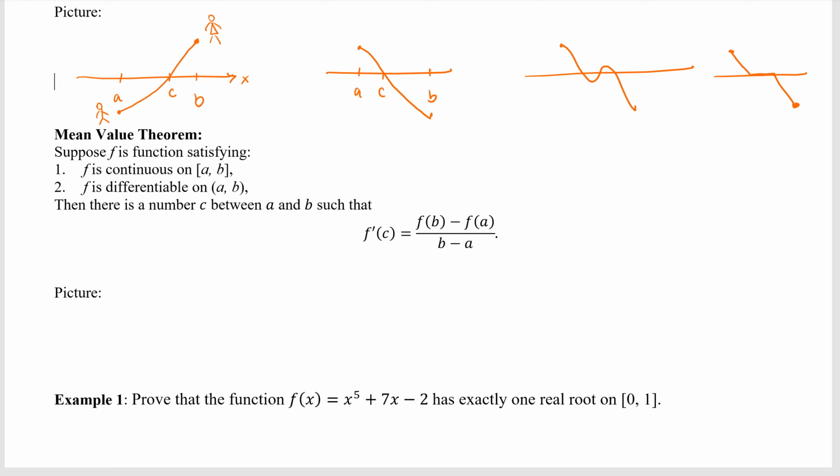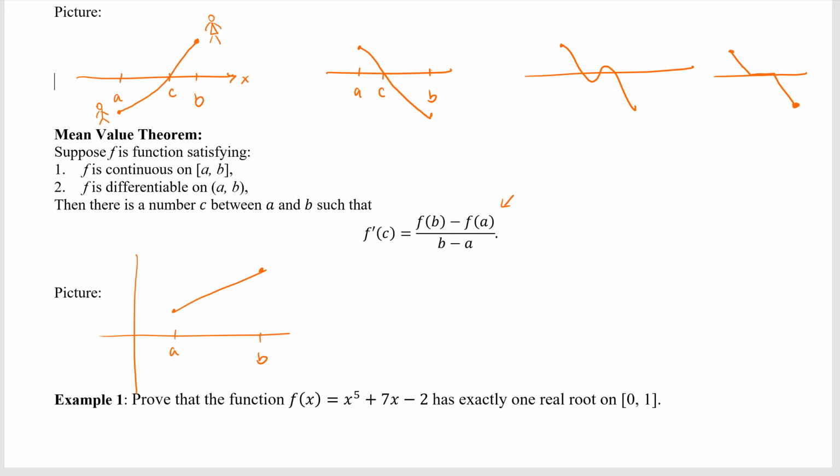Okay, so what does that mean? Well, if we draw the picture here, let's say this is a and this is b. Let's say this is f(a), this is f(b). What is (f(b) - f(a)) / (b - a)? This is the slope of the secant line passing through the two endpoints.